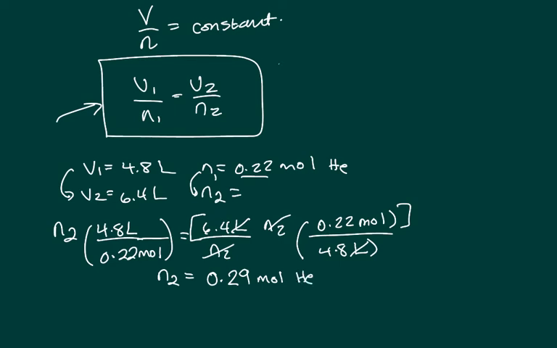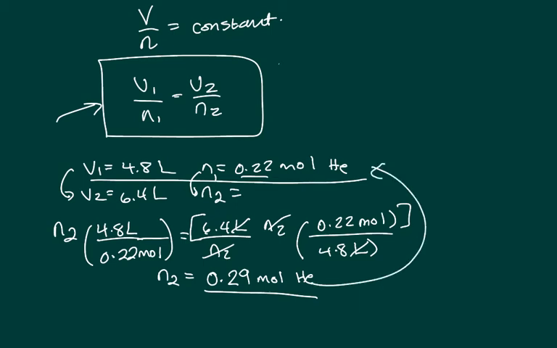But pay attention to this, because this was in the original container, and I wanted to see how many more moles of helium I must add. So this is my final number of moles. So to see how many additional moles of helium, I had to take the difference between those two.